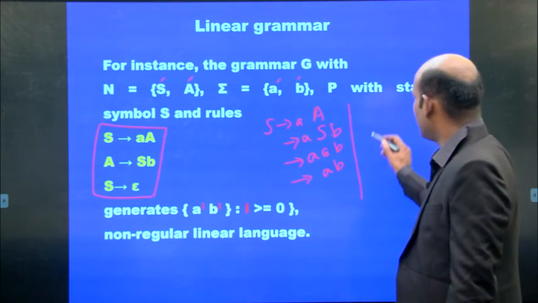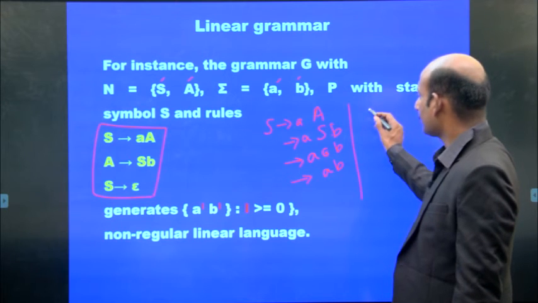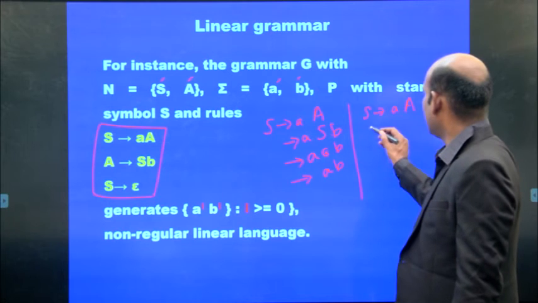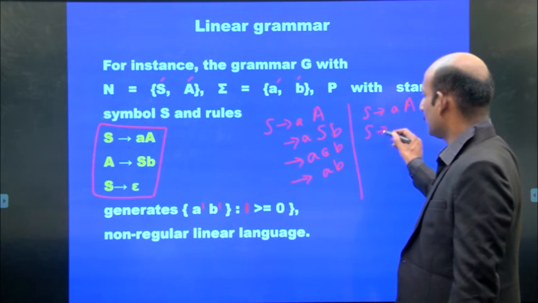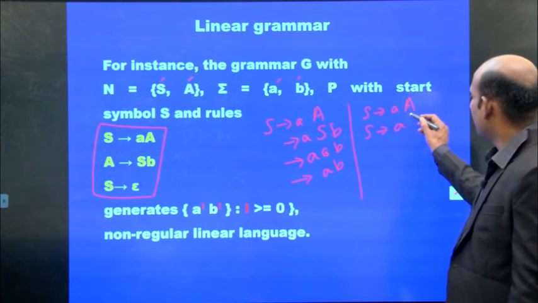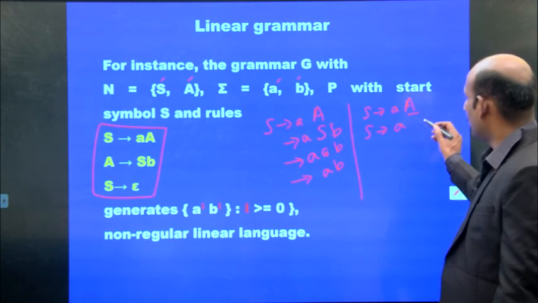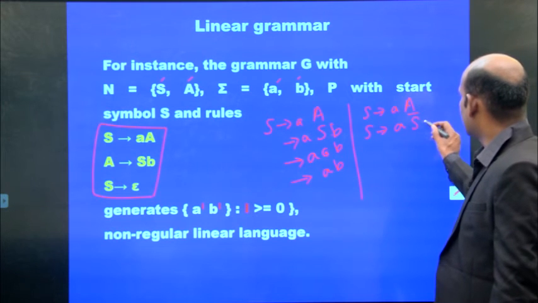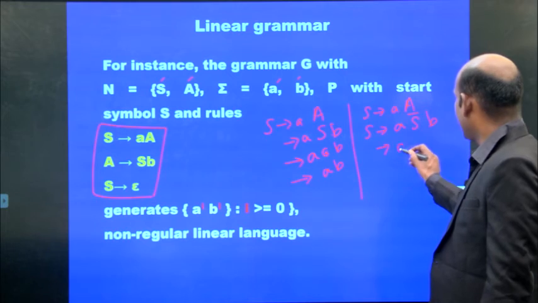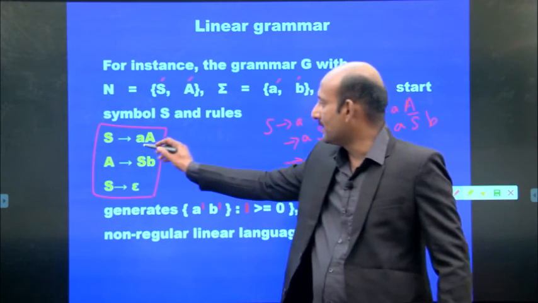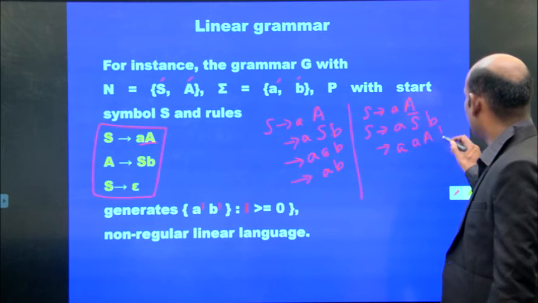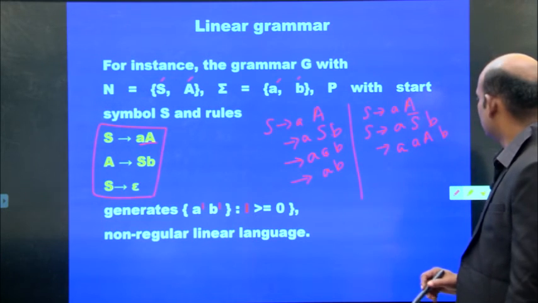Again, I will apply the same. S tends to small a, capital A. Instead of A, I can replace it with S b. Then instead of S, I may replace it with small a, capital A, so a a A followed by b.